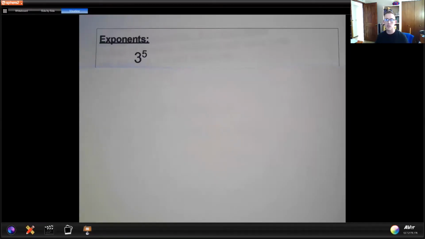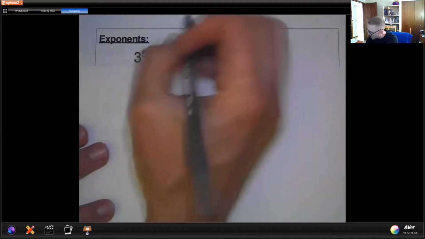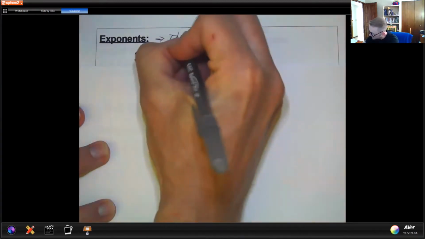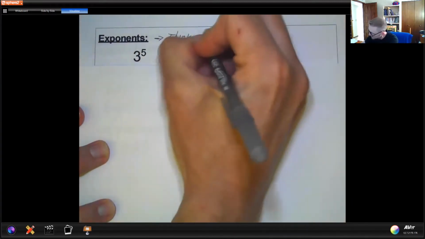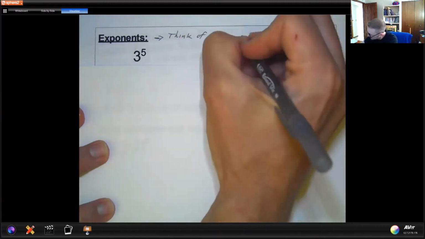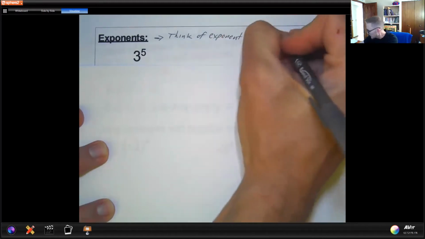The first thing that's going to be really important for exponents as we go through this entire unit is I want you to think about exponents as an instruction.